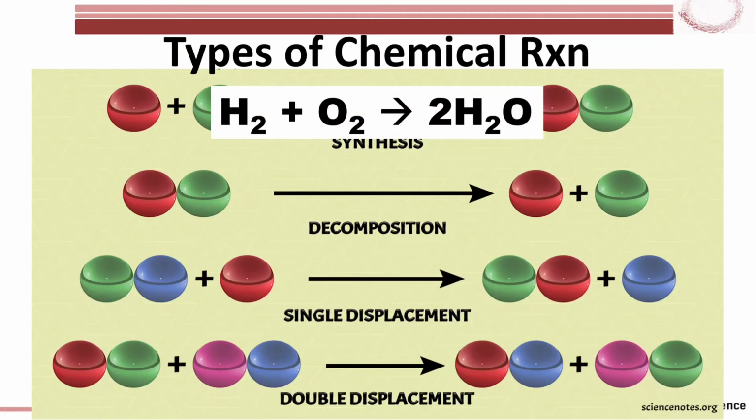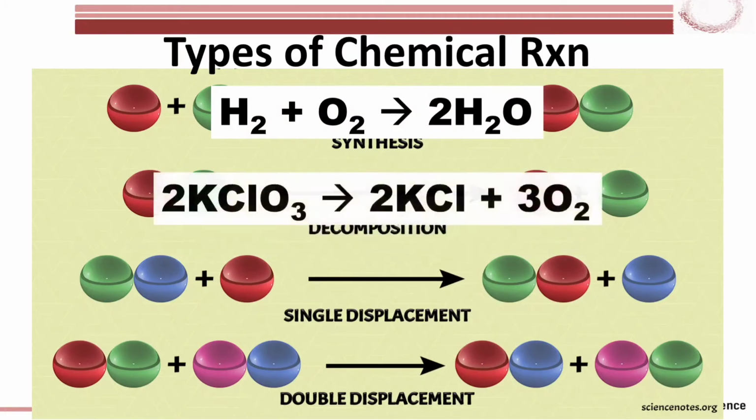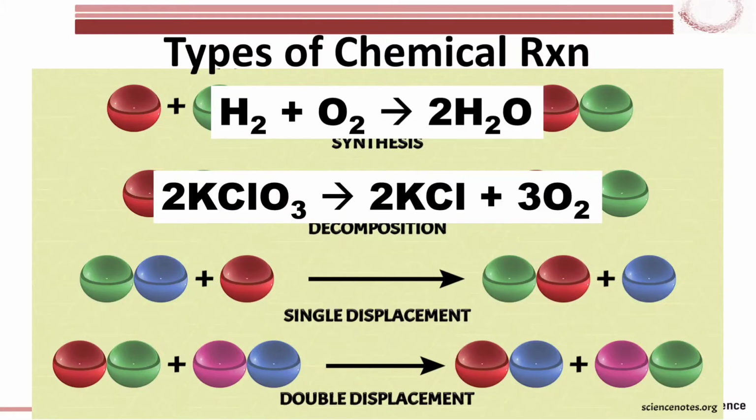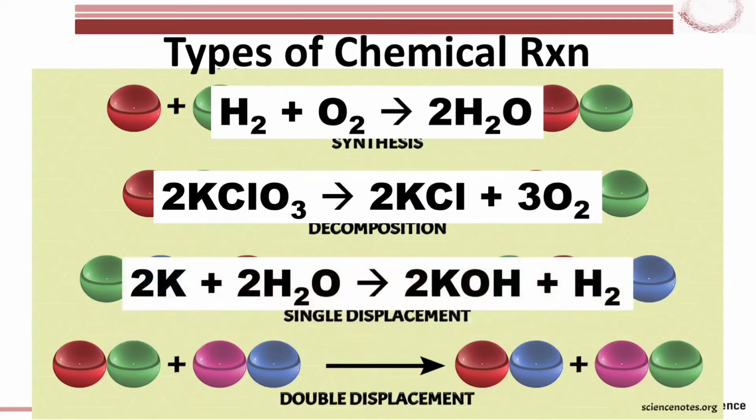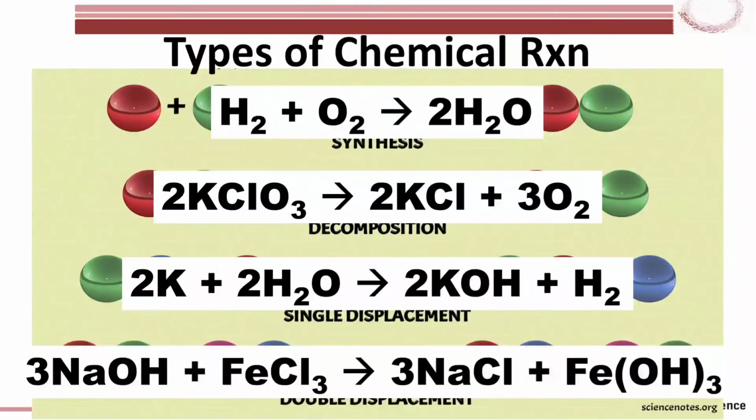So, ang example uli natin dyan, hydrogen gas, oxygen gas, forming water. Potassium chlorate, isang malaking molecule. After the chemical reaction, naghiwalay bilang potassium chloride and oxygen gas. Single displacement, so nagpalitan ng partner. Pinaltan ang isang element.